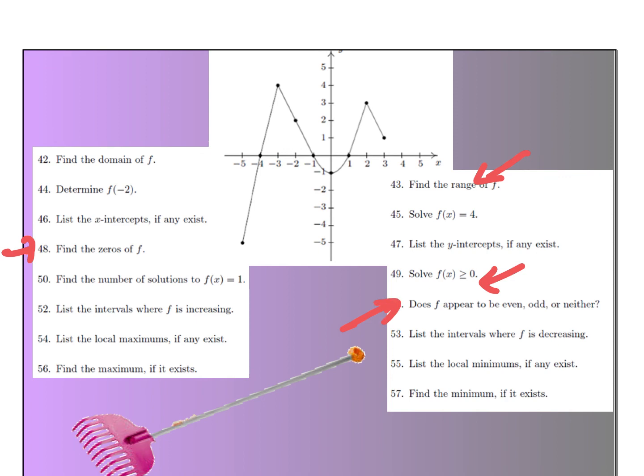Find the zeros of F. If I just said the x-intercepts, would that be easier? So you better write down that a 0 is an x-intercept because it's the same exact thing. The zeros are the x-intercepts. Do you get that there's 3 of them? There, there, and there.